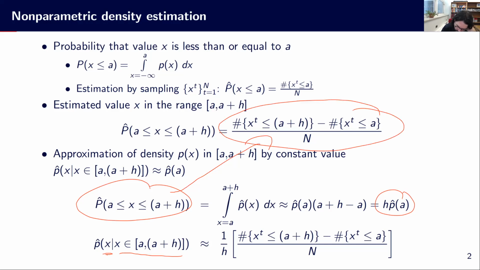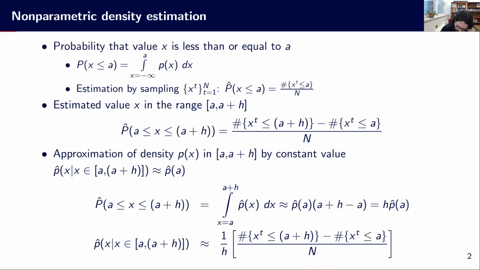So we are plugging in the probability, the big P hat here, and we are dividing by h, because in fact we are sending this to the other side. This gives us an estimation of the density.